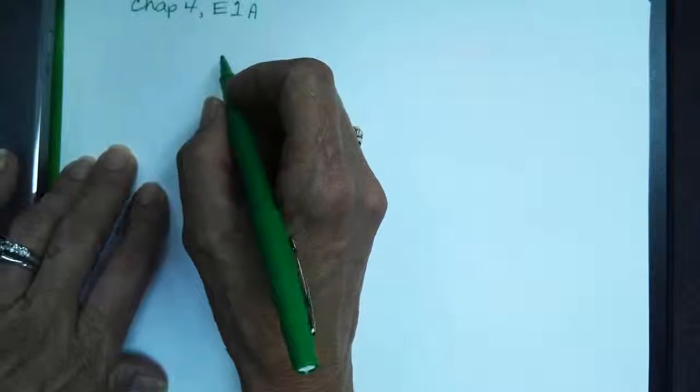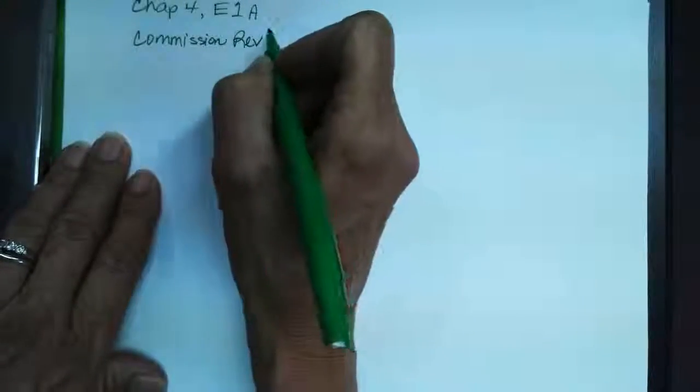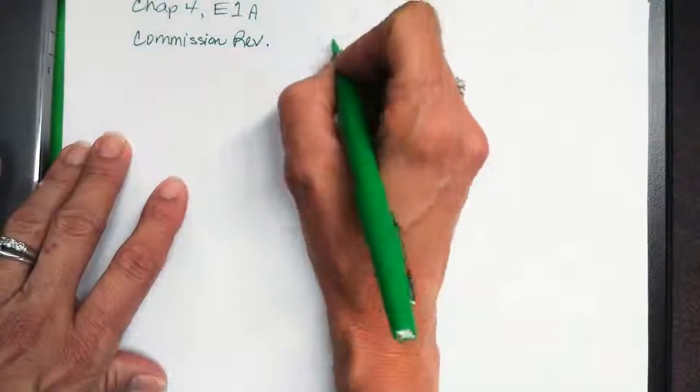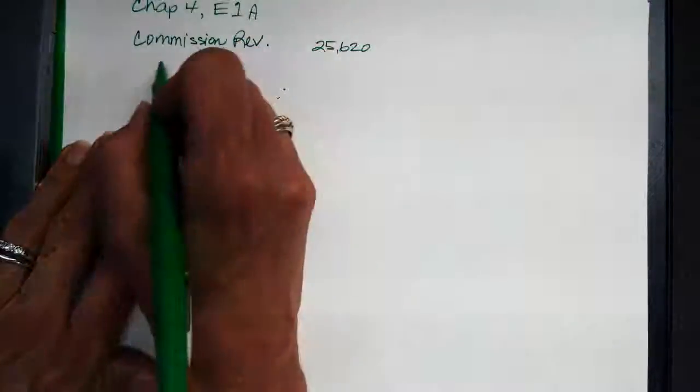So I am going to debit commission revenue for $25,620, and I am going to credit the income summary.